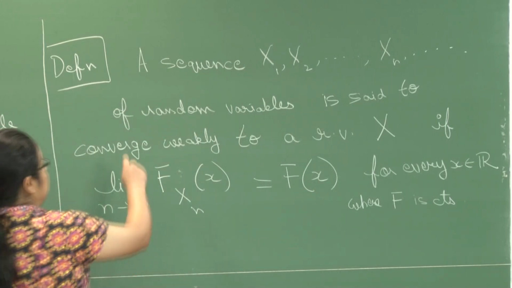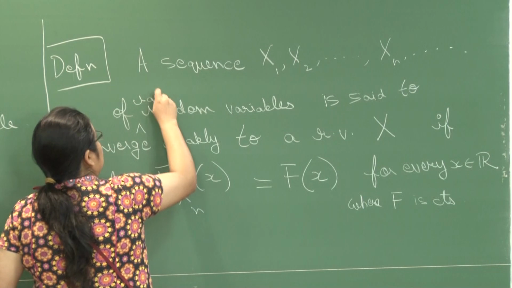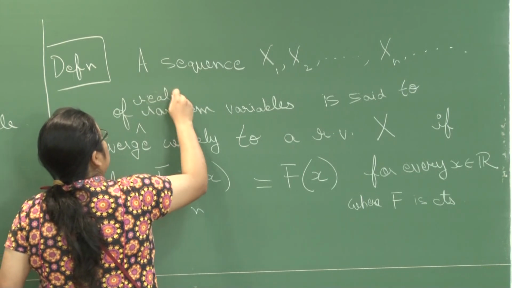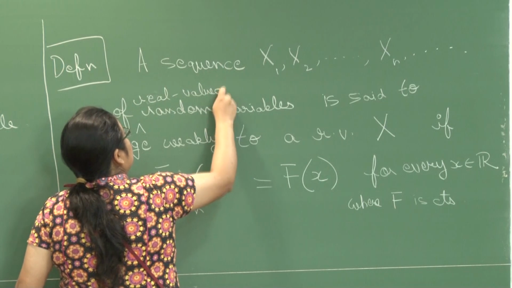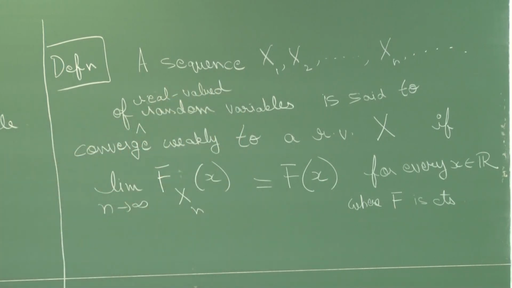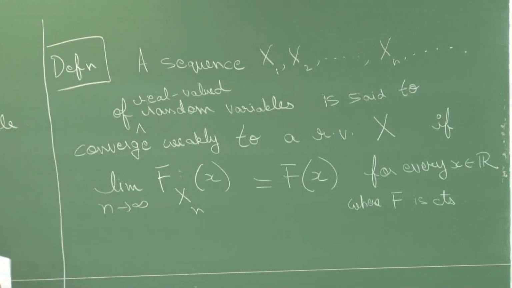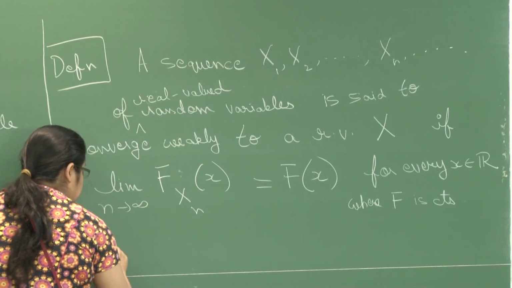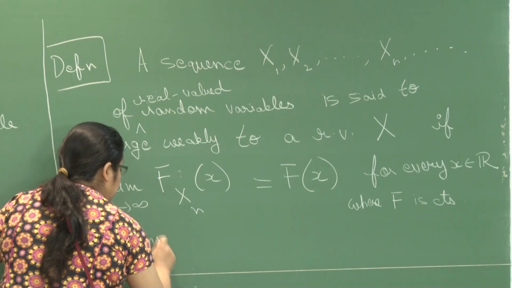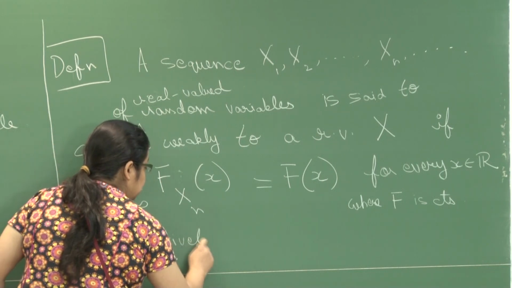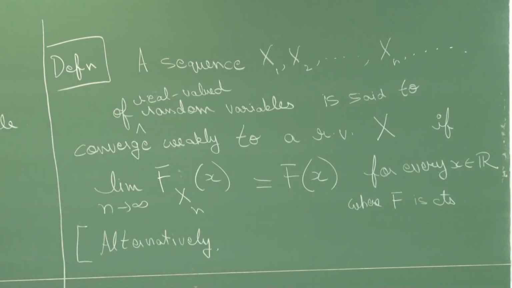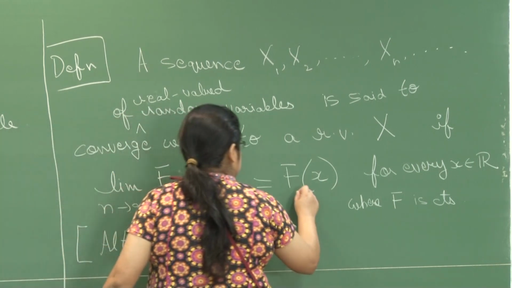And let us take real valued random variables. So, if this happens, then we say that our sequence X_n converges to capital X. Alternatively, we may also say that the corresponding distribution functions converge weakly to the distribution function of the random variable capital X.